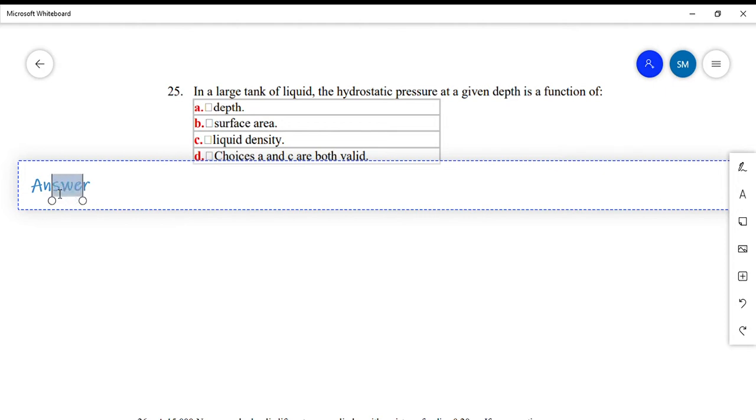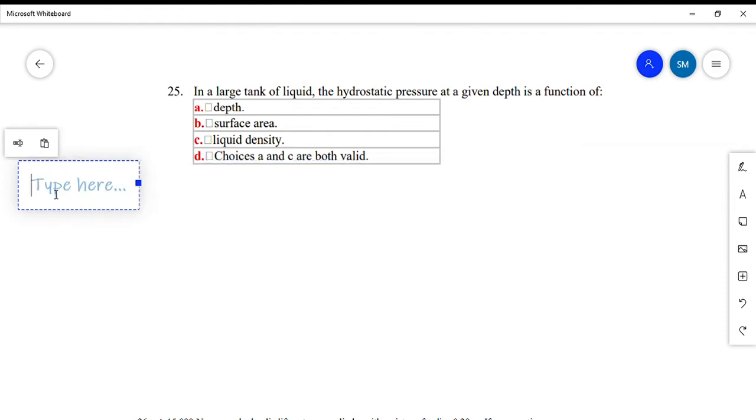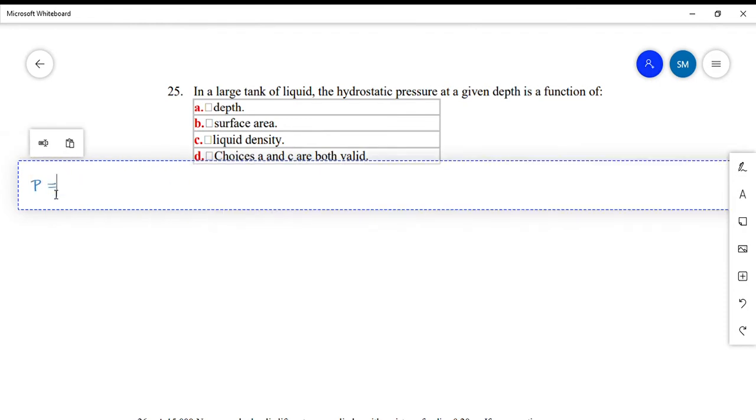We know this rule. The pressure is equal to the height times the density times the gravitational acceleration. If you don't know this rule, I highly recommend you see my videos or the videos in the description box.